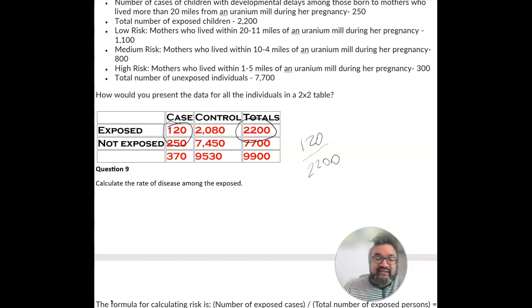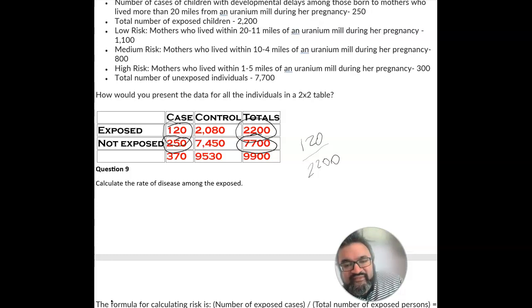And now number 10 is asking to calculate the rate of disease among the unexposed. The number of cases in the unexposed is 250, and the total of the non-exposed would be 7,700.